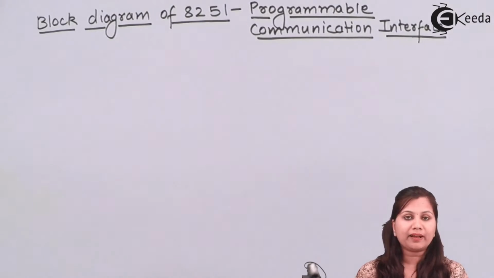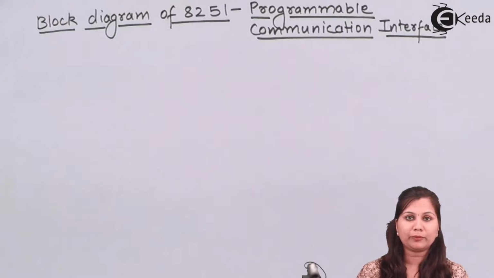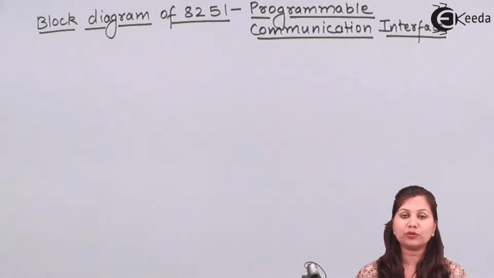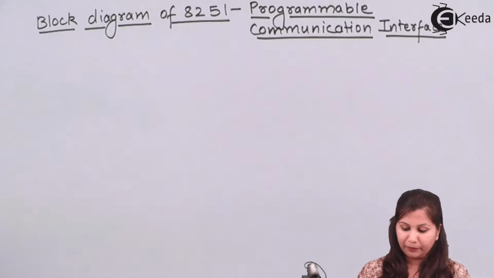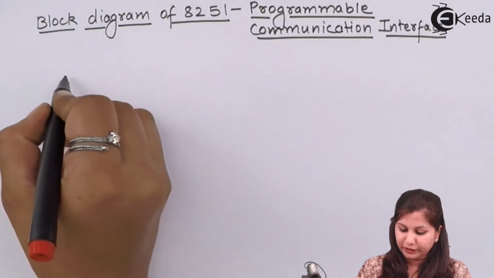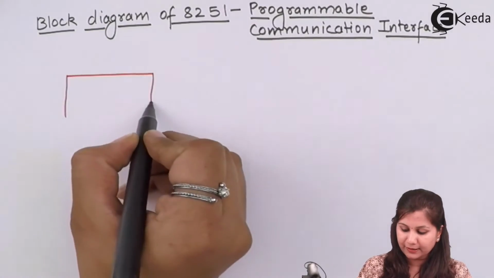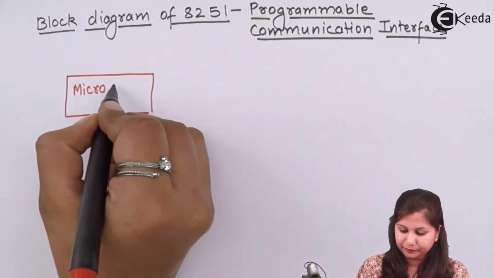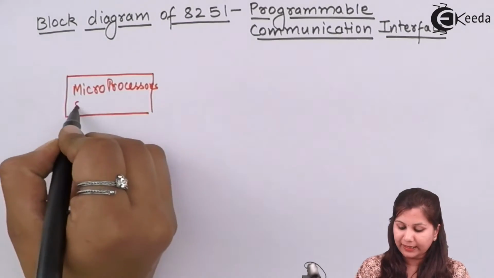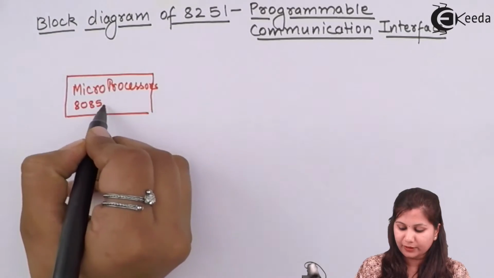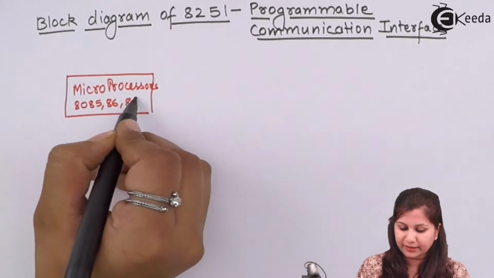Now when the peripheral devices are transmitting the data, they have to convert it again into the serial form. Again, the serial data is received by the microprocessor, and the microprocessor has to convert the serial data into parallel data. So if we represent it diagrammatically, if this is our microprocessor, there are various families of microprocessor like 8085, 8086, 8088.